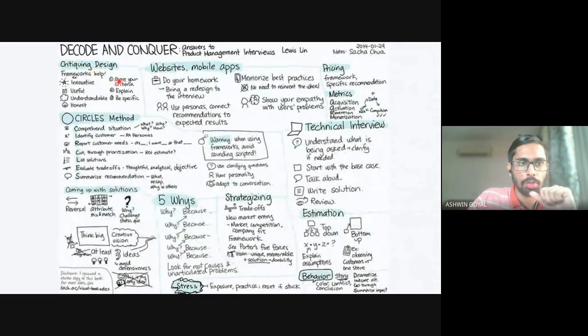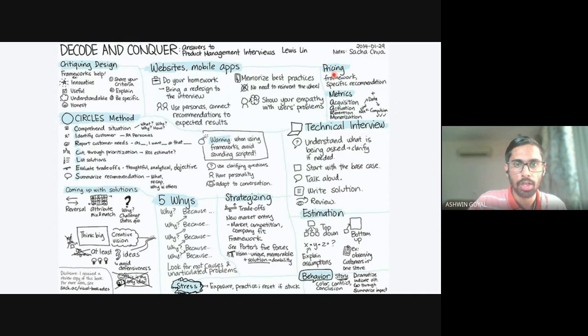We talked about the circles framework, that will help you to improve a product, or tell which feature is good or which feature is bad, and even improve the product, build new features, do all of that. So the circles method will help you do that. That is critiquing design or improving the design of a product.